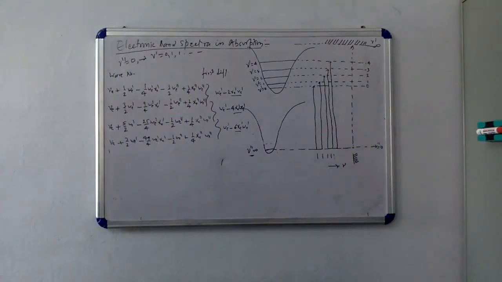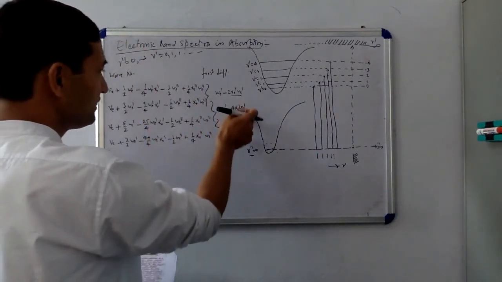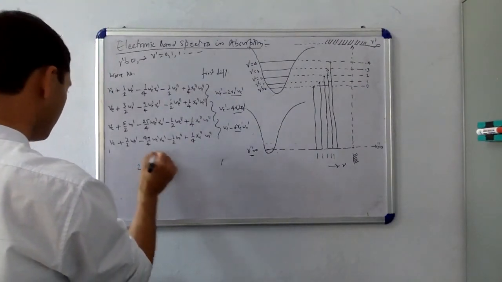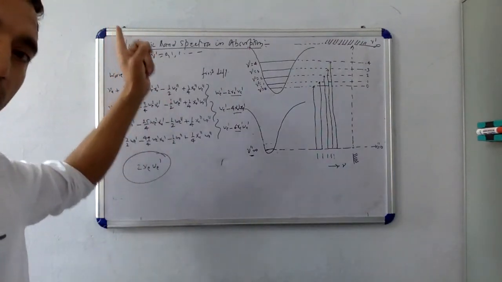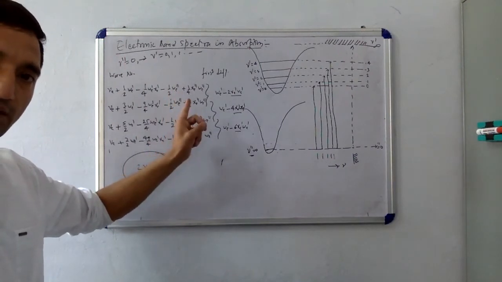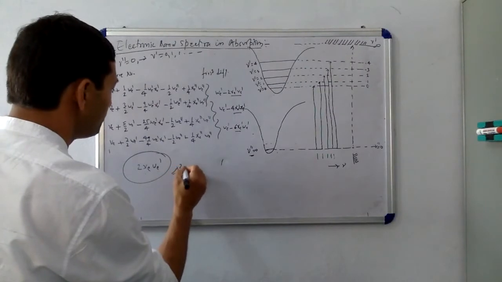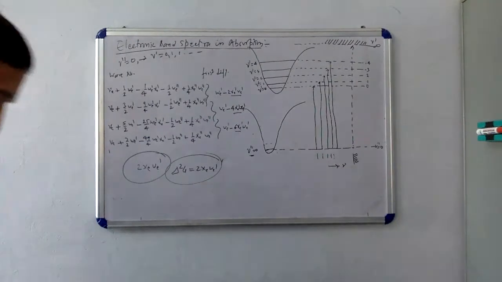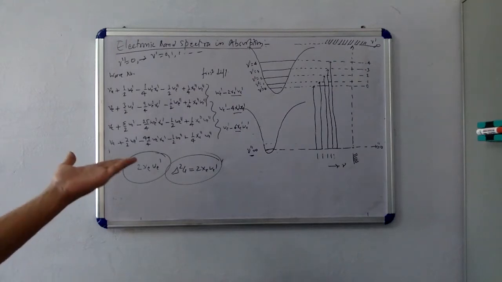The second difference between the adjacent bands is the same. So if you look at it, it is the same. Now the second difference between this one, we have this 2 of xe and omega E prime. In the same way, in the emission spectra we have the second difference, delta squared of G, equal to 2xe omega E. So this is a constant quantity because it is the anharmonicity of this molecule for the excited state.